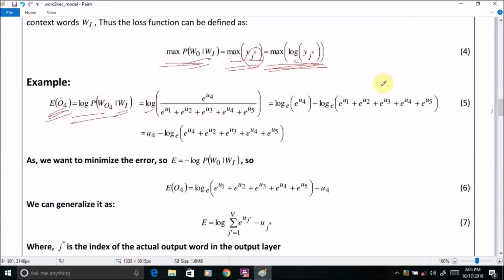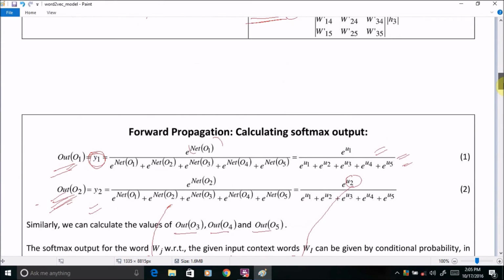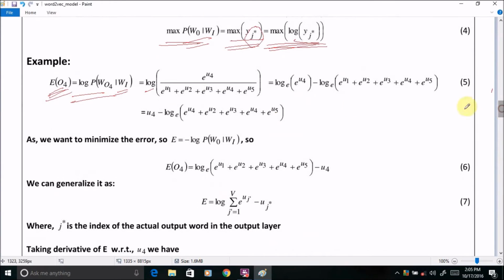As per the calculation scheme used here, our O4 or y4 will be equal to u4 divided by the entire summation. So here we will use the same thing, and this is equal to this, and after solving we can get this expression.